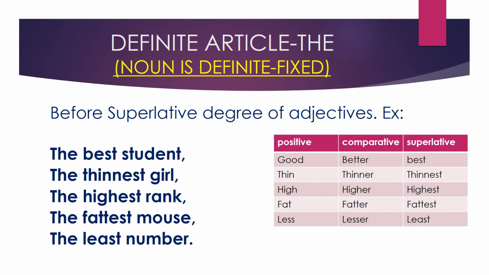Positive is the basic form of the adjective. Comparative is comparison between two. If I'm talking about person A and person B, I'll use the comparative degree. And superlative degree is for comparison in the entire group. I'll quickly take an example using the adjective high.